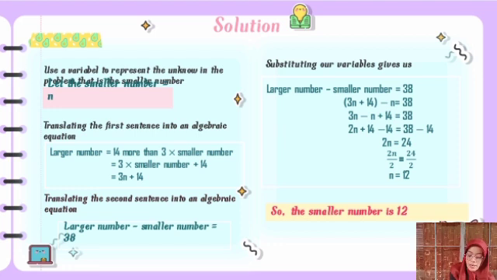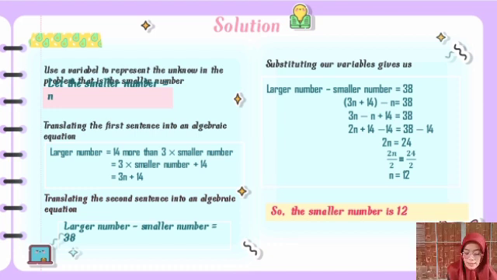So 3n minus n is 2n, plus 14, minus 14. And on the right side, 38 minus 14. So we can get 2n equals 24.